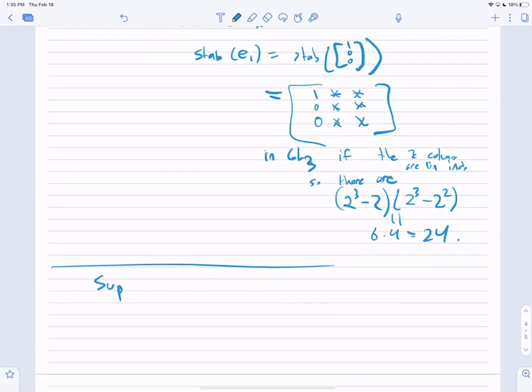So I'm going to suppose now H is a normal subgroup of GL3 of F2.